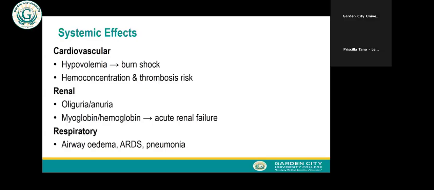That burn shock. When burn patients come in at that first instance and you take their blood sample and check their, let me say, HB, you see it is very high. You think that, oh okay, they're okay, right? They have what you call hemoconcentration.